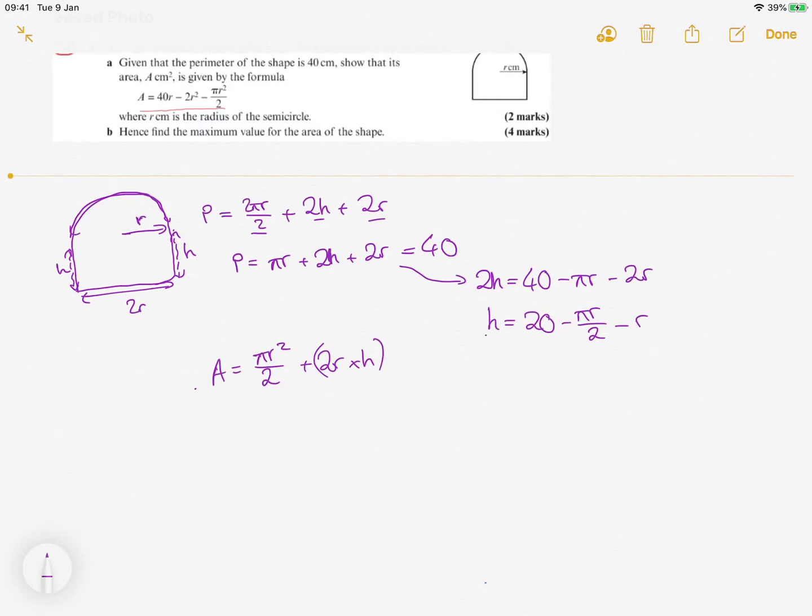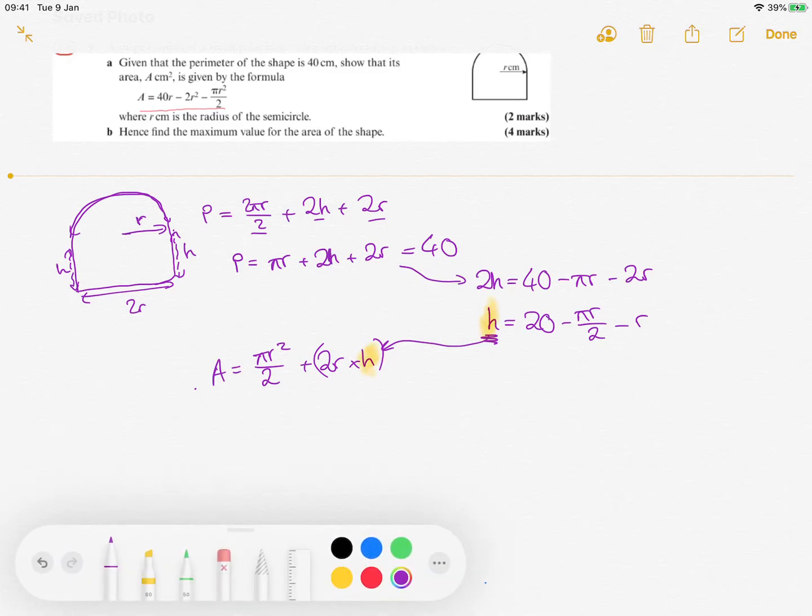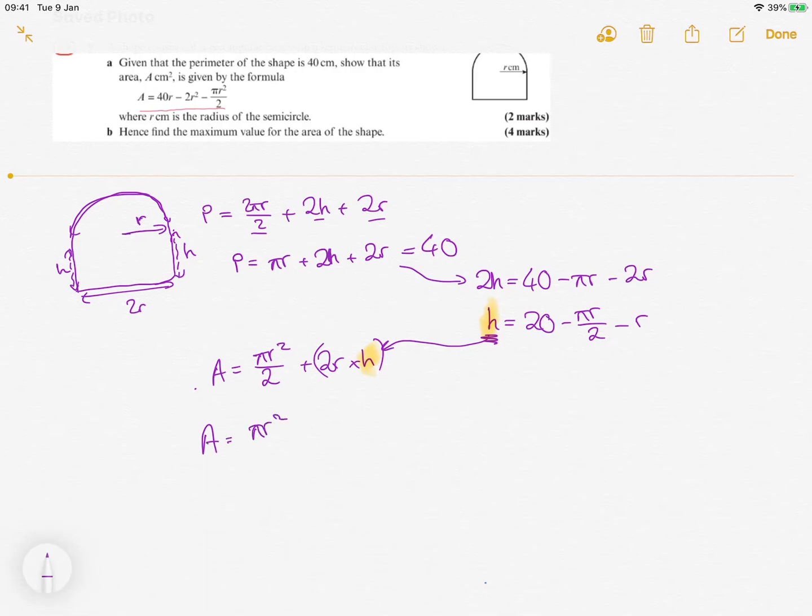So now I can sub h in to here, because I've got a formula in terms of h and I've got h in there. So area equals pi r squared over 2 plus 2r times 20 minus pi r over 2 minus r.